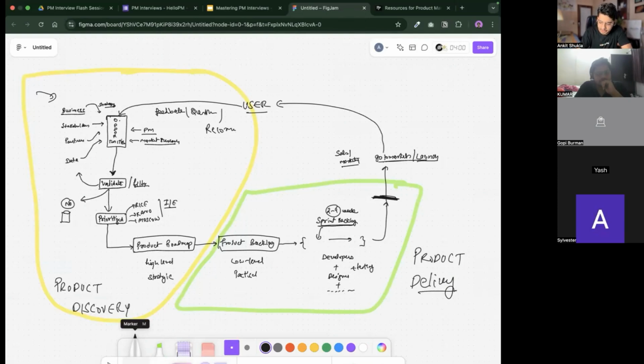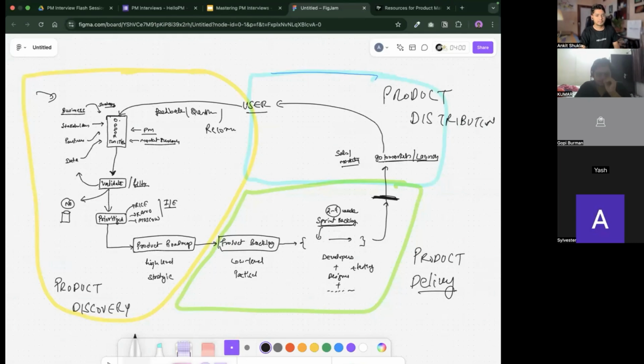And then eventually, here when you take the product out in the market, this part is called as product distribution. Okay. So this is product management 101. This is going to be the fundamental on which we are going to talk about preparing for the interview.